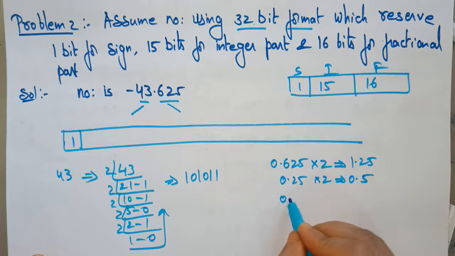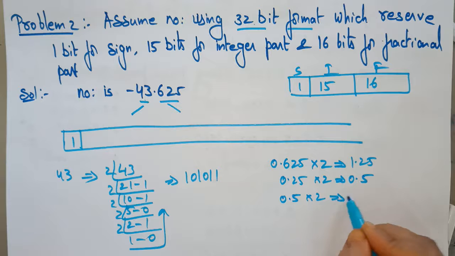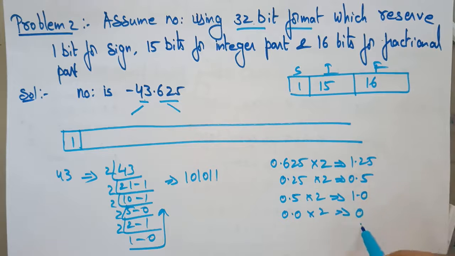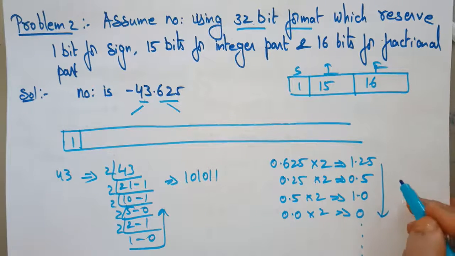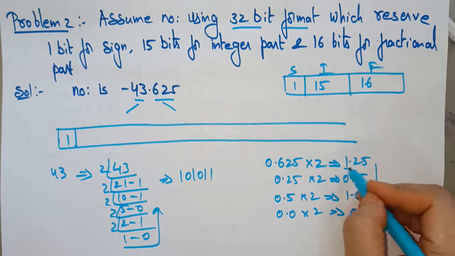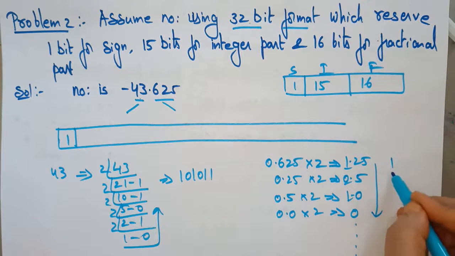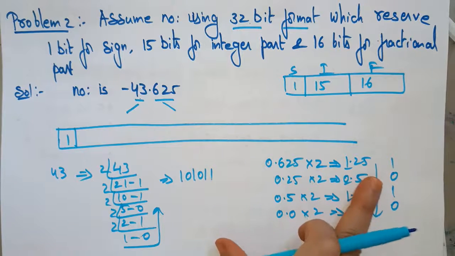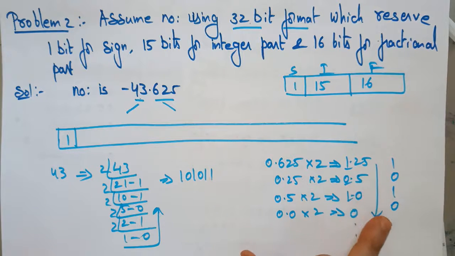Take only the fraction part, 0.5, times 2 and you get 1.0. Take only the fraction part, which is 0, and like this you will get any number of zeros. So take only the integer parts. The integer parts are 1, 0, 1, 0. So the 0.625 in binary is 1010.